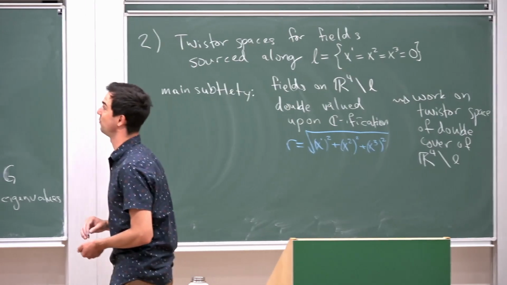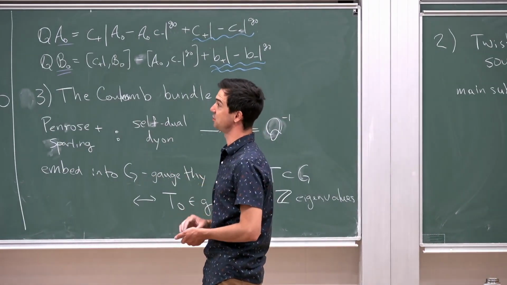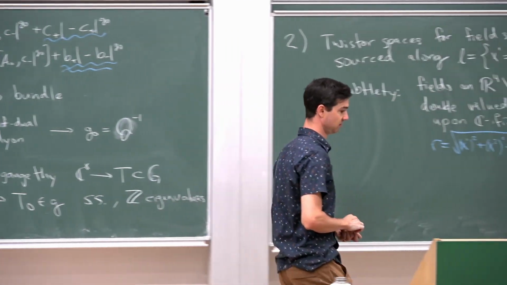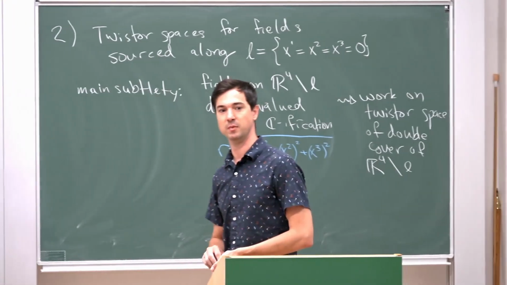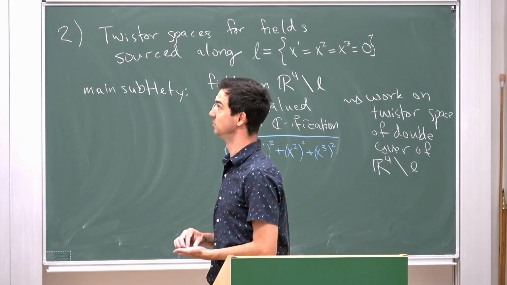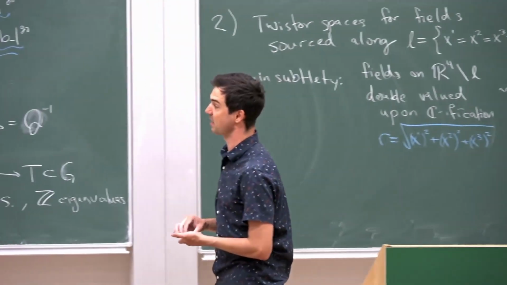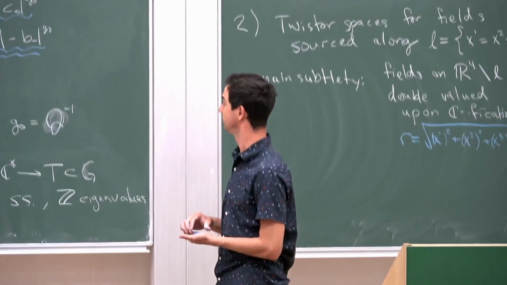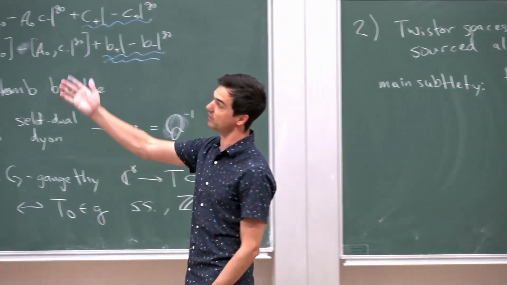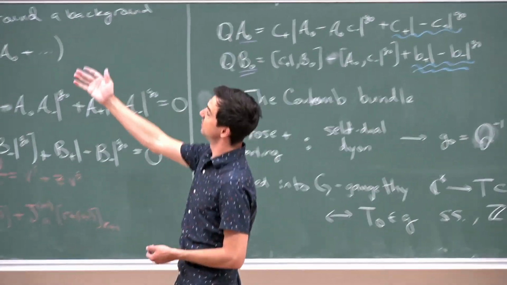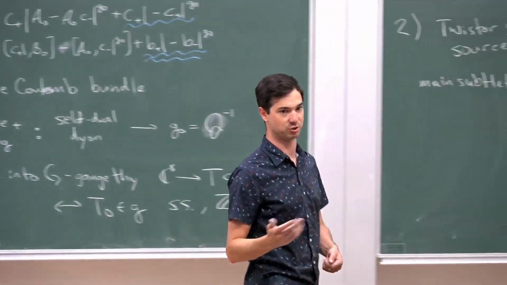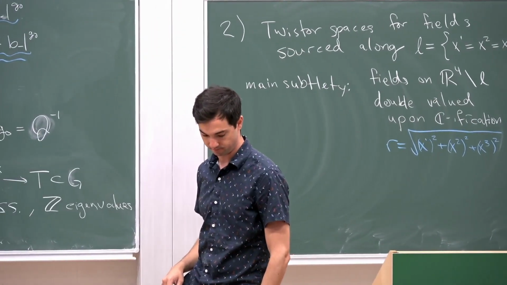So really, what we end up finding is that the celestial symmetry algebra around a self-dual dyon isn't just a Lie algebra, but it's a Lie algebra equipped with a differential. And I didn't have time to write the differential before, but I'm happy to write it if anyone is interested. The punchline is that this differential is what helps us do this gluing away from Q equals 0. In some sense, C plus and C minus have to match away from Q not equal to 0, and this differential does that cohomologically.